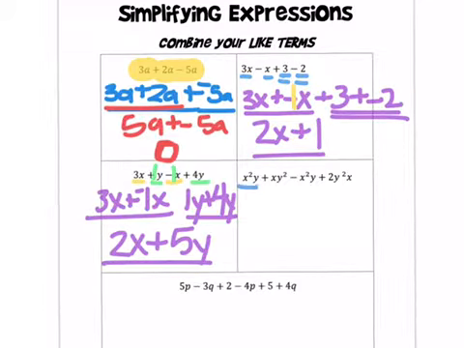So when x is squared, we have these two problems, or these two terms. Now let's talk about these. When y is squared and there's an x, they are like terms, even though we have this situation where the x comes first and then the x comes second. That's okay. They're still like terms. They have the same variables, and that's okay if they're out of order.